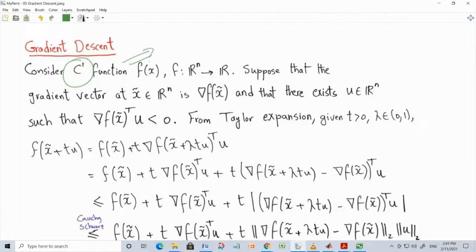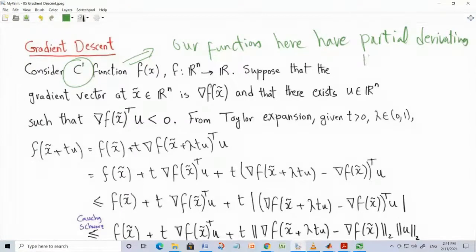In preparation for next time, our functions here have partial derivatives. You can differentiate them partially, but moreover, the partial derivatives themselves are continuous.